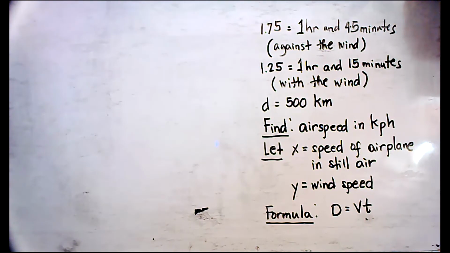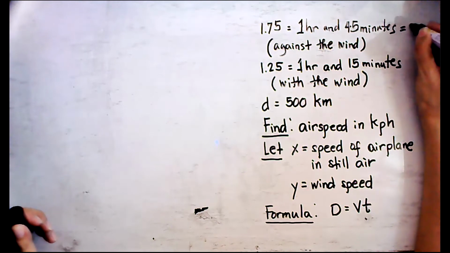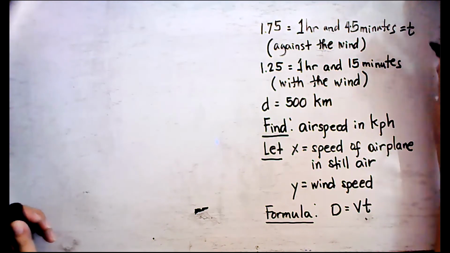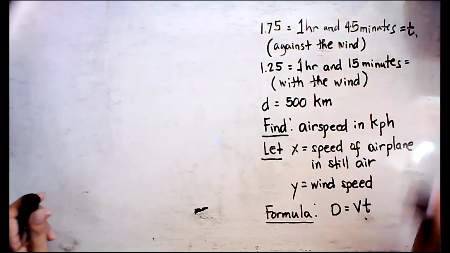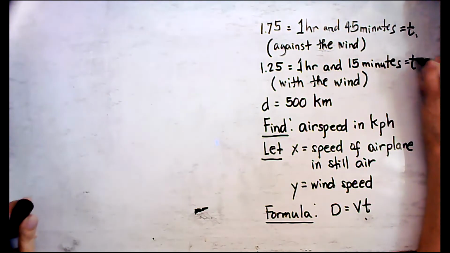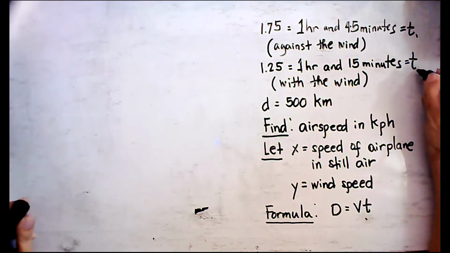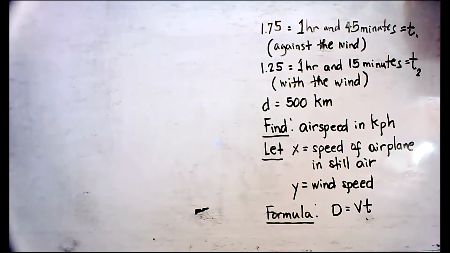So if we consider the time it would take for the airplane to travel against the wind, let's say this is t sub 1. And then if it is traveling with the wind, the time it would take to travel the 500 kilometers is 1.25. So those are the essential data which we can use in our computation.